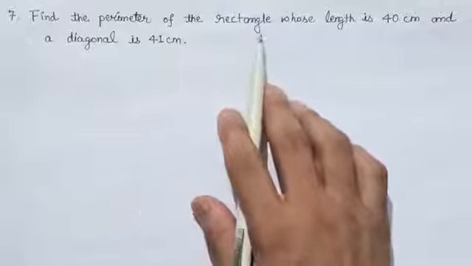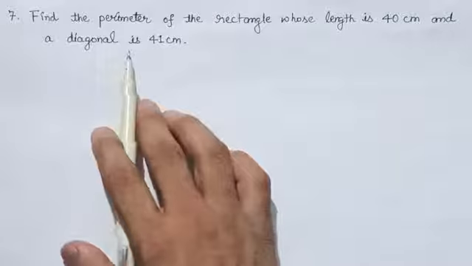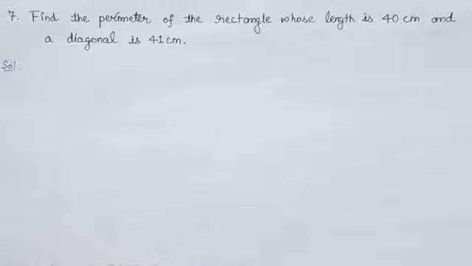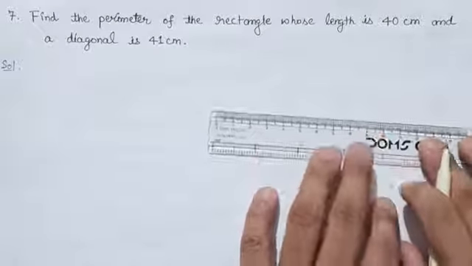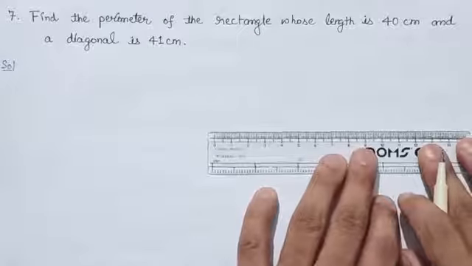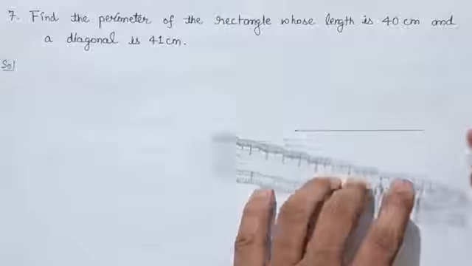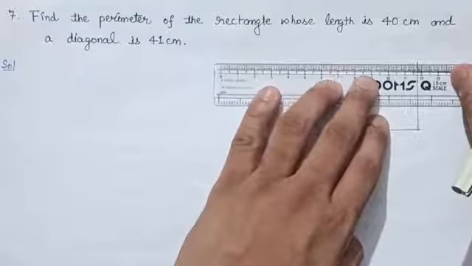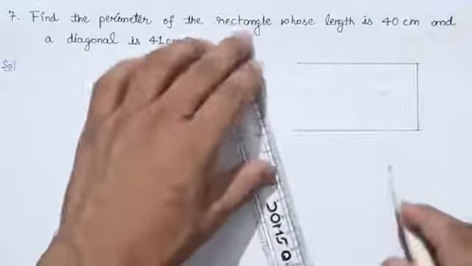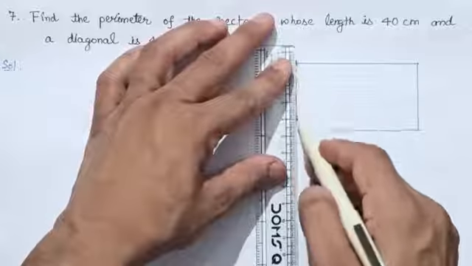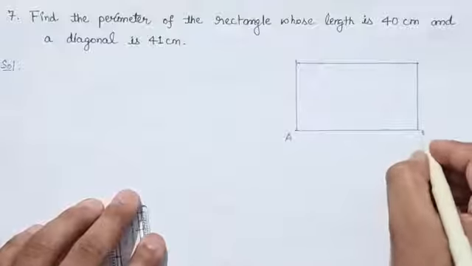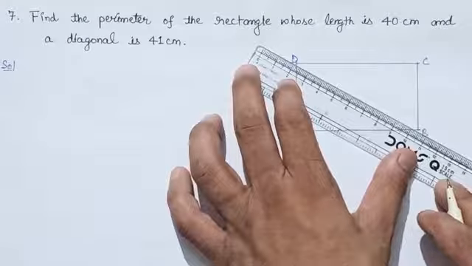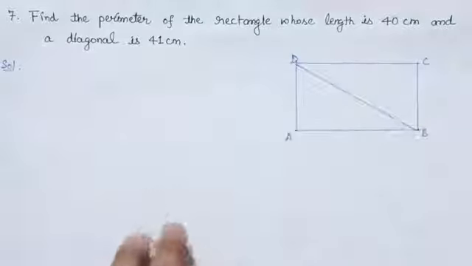Now let us see the next question. Find the perimeter of the rectangle whose length is 40 centimeters and a diagonal is 41 centimeters. So let us see the solution. First we will draw a rectangle. Suppose this is our rectangle ABCD, in which BD is a diagonal.